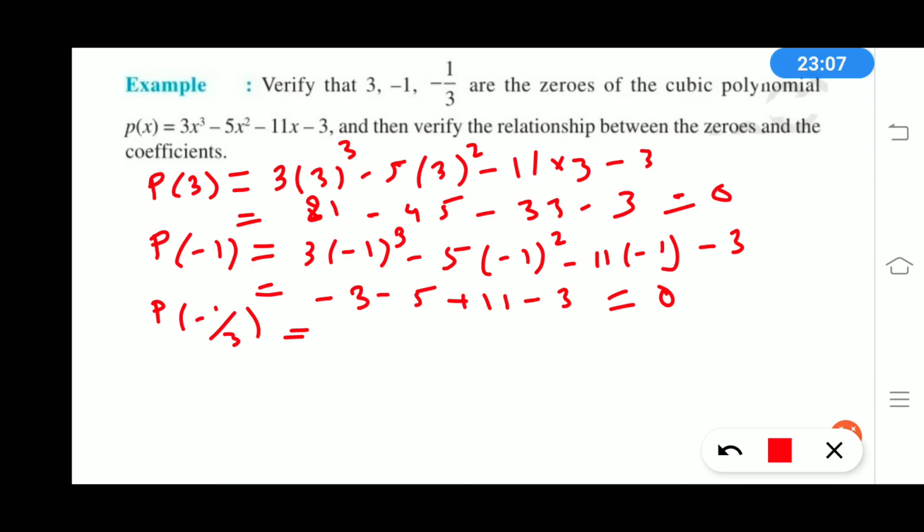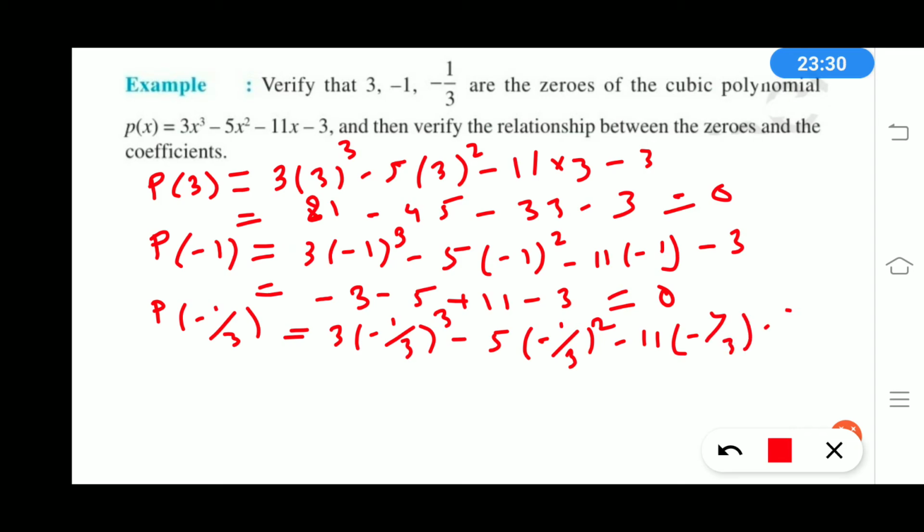so equal to 3 into minus 1 by 3 whole cube, minus 5 into minus 1 by 3 whole square, minus 11 into minus 1 by 3, minus 3.